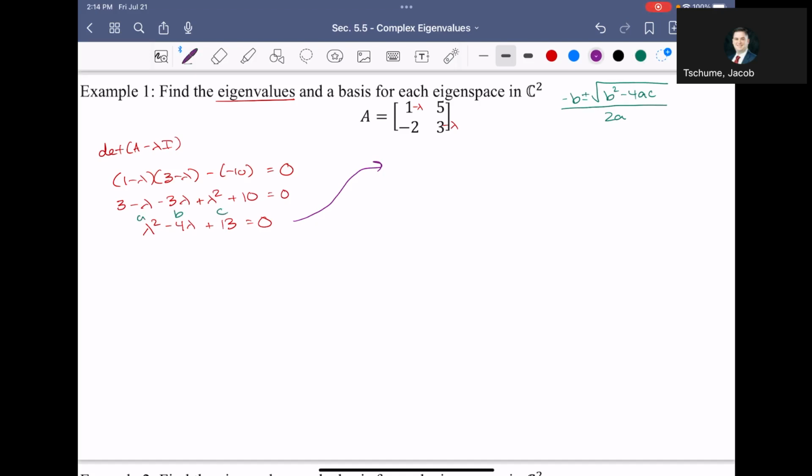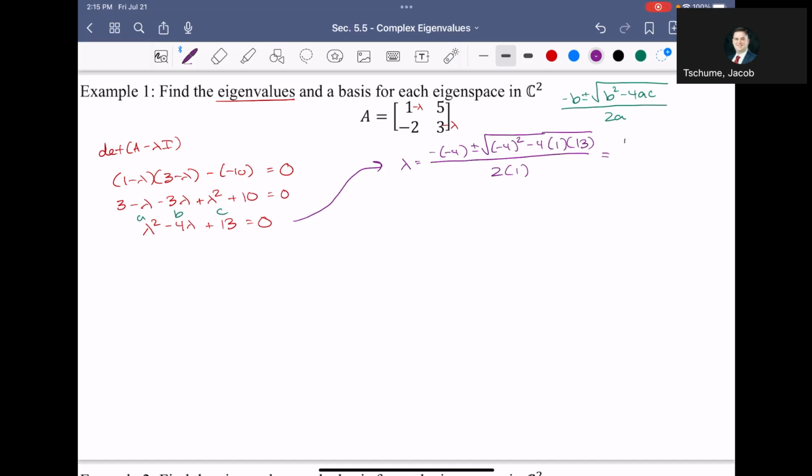Plugging those three numbers into my quadratic formula, I can find lambda to equal negative of a negative 4 plus or minus the square root of negative 4 squared minus 4 times 1, which is a, times c, which is 13, all over 2 times a, which is 1.